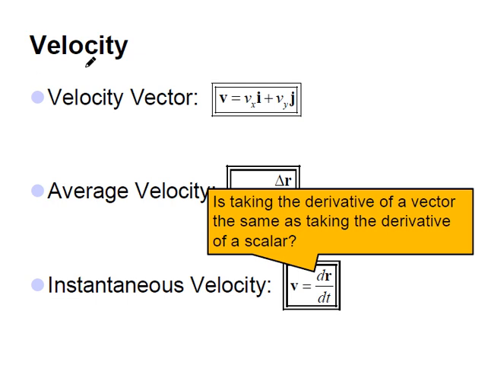So we understand that with velocity we're dealing with magnitude and direction. And of course you have to understand whether taking the differentiation of a vector is the same as taking the differentiation of a scalar without the direction.